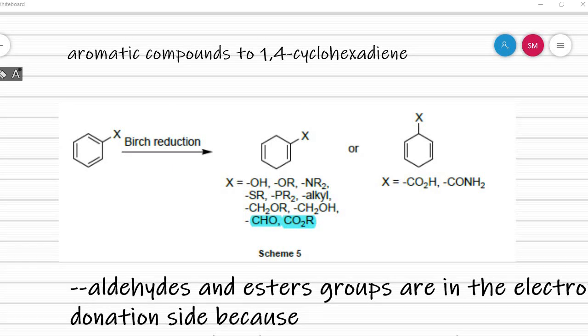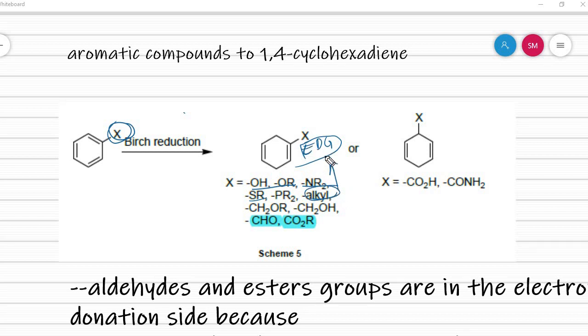Here it is generalized based on the substituent. X is the substituent. If X is an electron donating group, like OH, amine and thiol, even an alkyl group, it is a donating group.